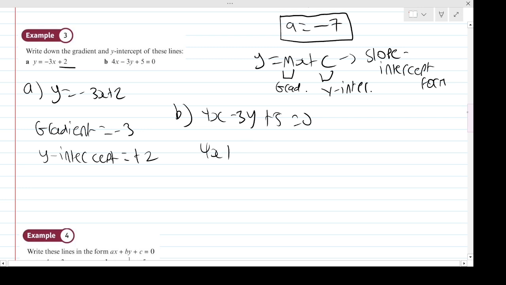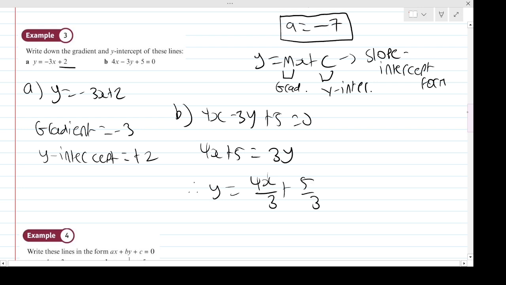So 4x plus 5 is equal to 3y if I add 3y to both sides. But then that's 3y is equal to this. So then I need to divide by 3 to just get y. Therefore, y is going to be 4x over 3, if I divide everything by 3, plus 5 over 3.